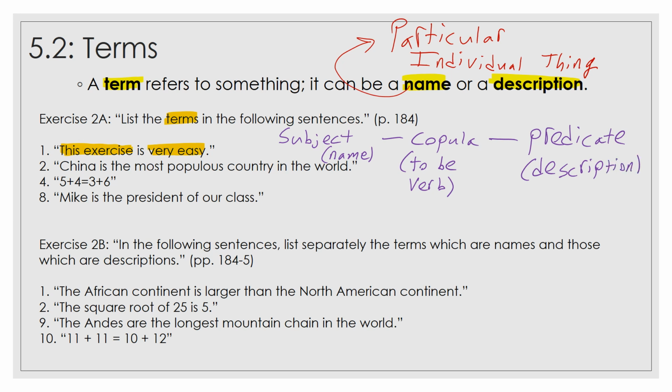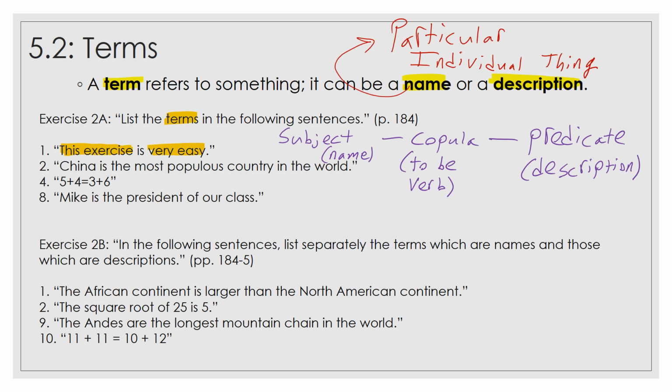Now, while this is a very common form of proposition, it's not the only type that appears in predicate logic. In so-called categorical logic, in Aristotelian logic, this is the standard type of proposition where you have the subject, the copula, and the predicate. But in predicate logic, it turns out you can have more than one name in a given proposition, and we'll encounter that.